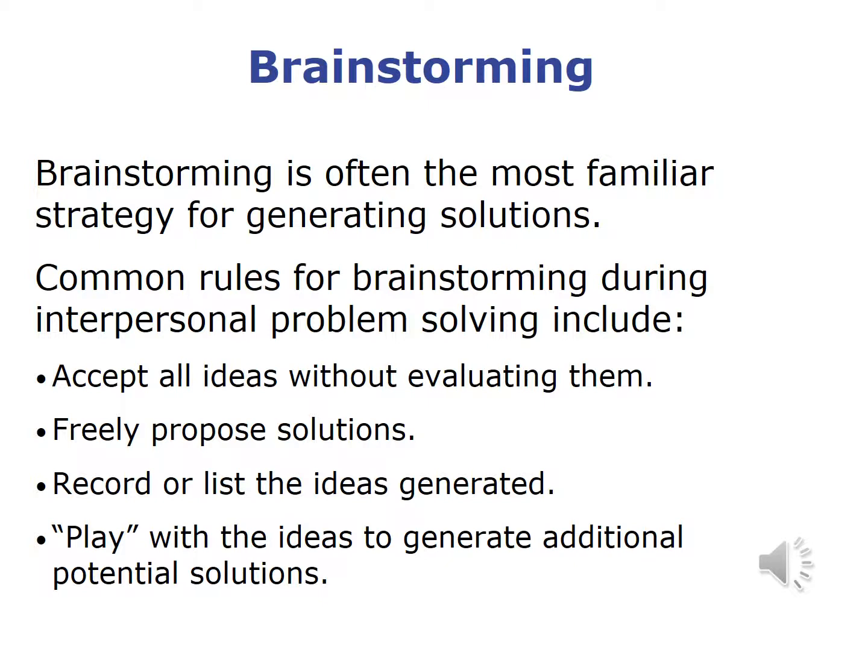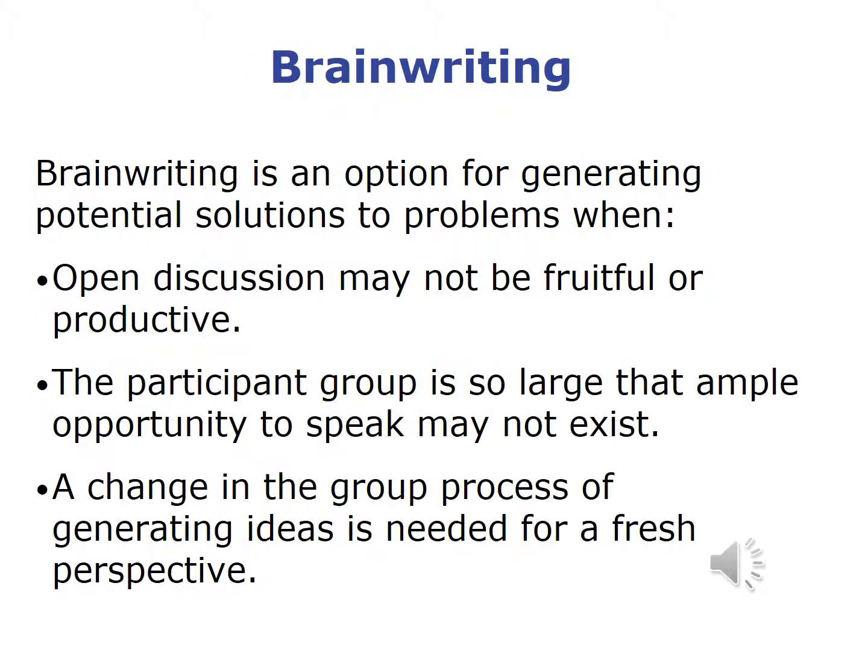Brainstorming includes some basic rules as follows. Accept all ideas without evaluating them. Freely propose solutions. Record or list all ideas generated. And lastly, play with the ideas to see if additional solutions can be generated.